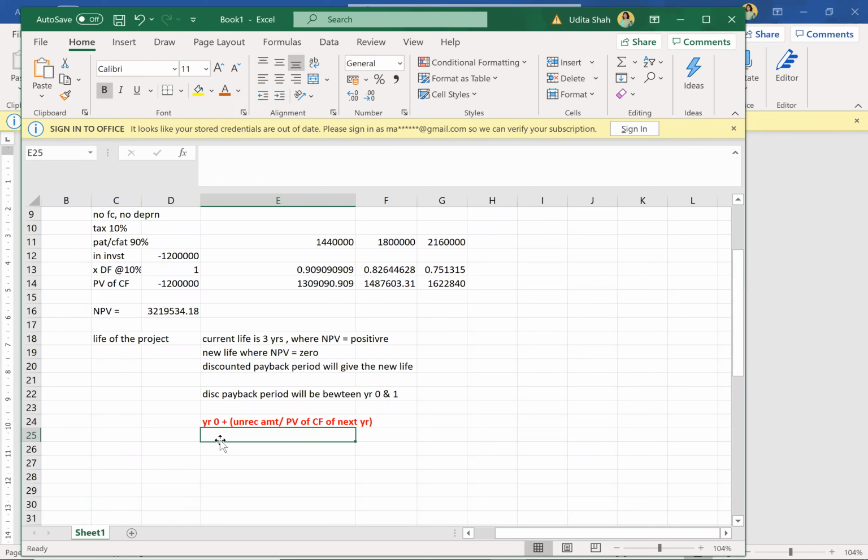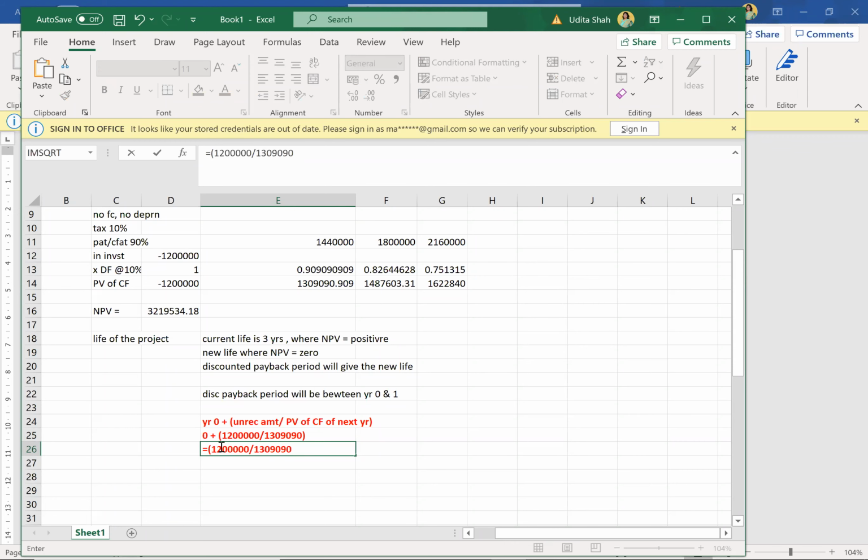Till year zero we have not recovered anything, so the entire 1.2 million is yet to be recovered, divided by cash flow of next year. What is the cash flow of next year? 1,309,090. Correct. So that will be 0.91 years.